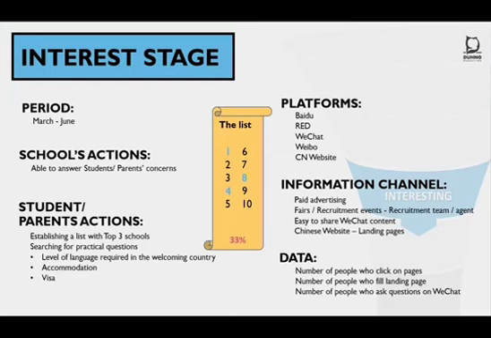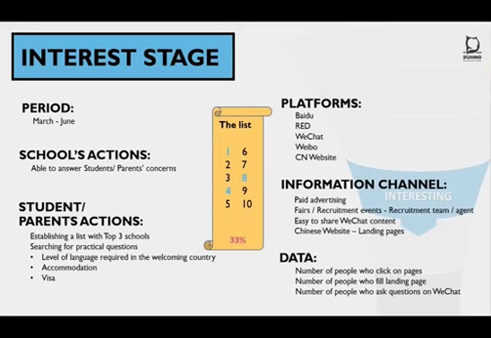In terms of school actions, you need to be able to answer the students' and the parents' concerns. This is the moment they will start to have more concerns about life expectations in that country, in that city, in that school, or in that campus, what things are happening.